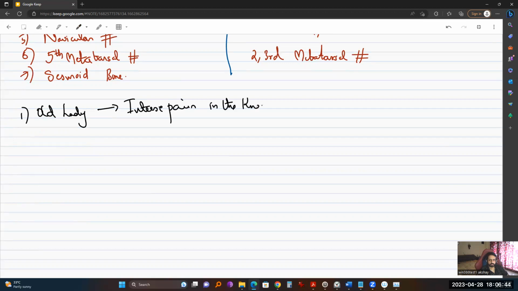This is the clinical history: pain in the knee when she was getting up from a sitting position.